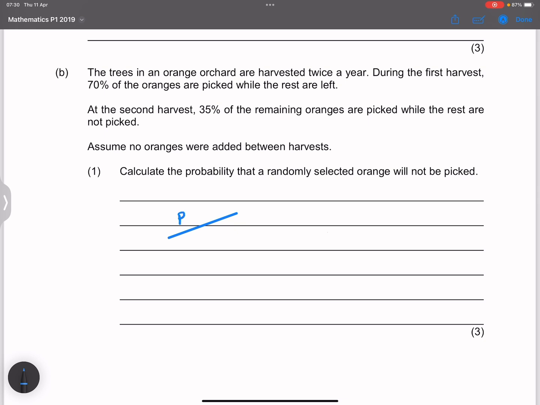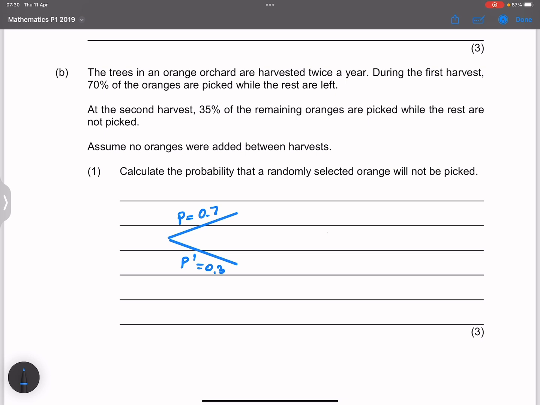So first of all, the probability of picking an orange, that's 0.7, that's 70%. Meaning that the probability of not picking would be 30%, so not picked would be 0.3, right?